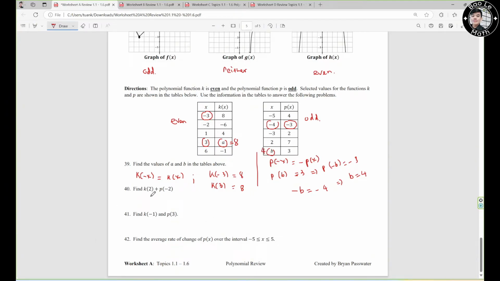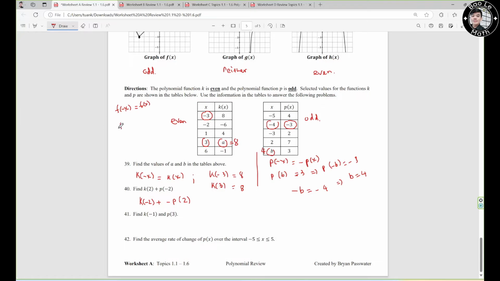Now question number 40. k of 2 plus p of negative 2. k of 2 is going to be the same thing as k of negative 2 because the function is even, right? p of negative 2 is the same thing as negative p of 2, because by the formula, if the function is even, f of negative s equals f of s.